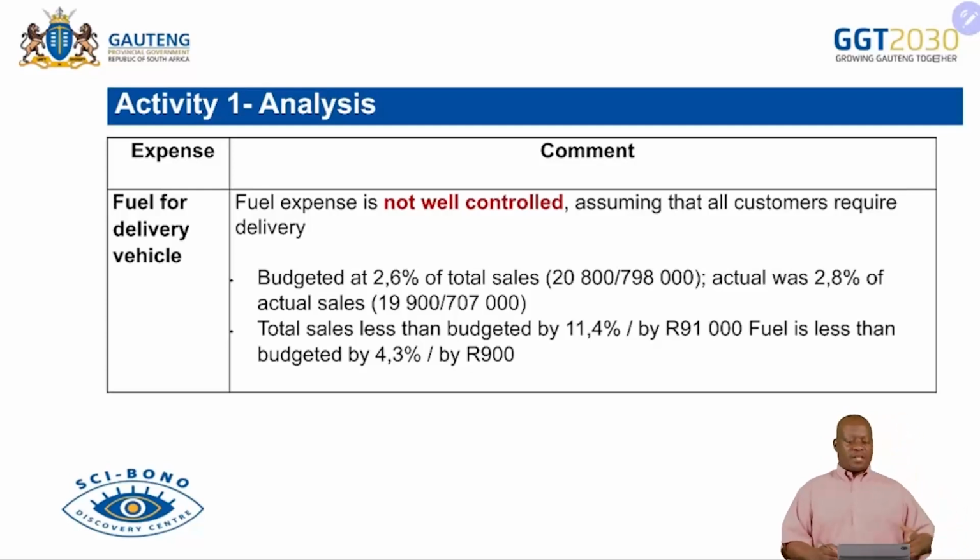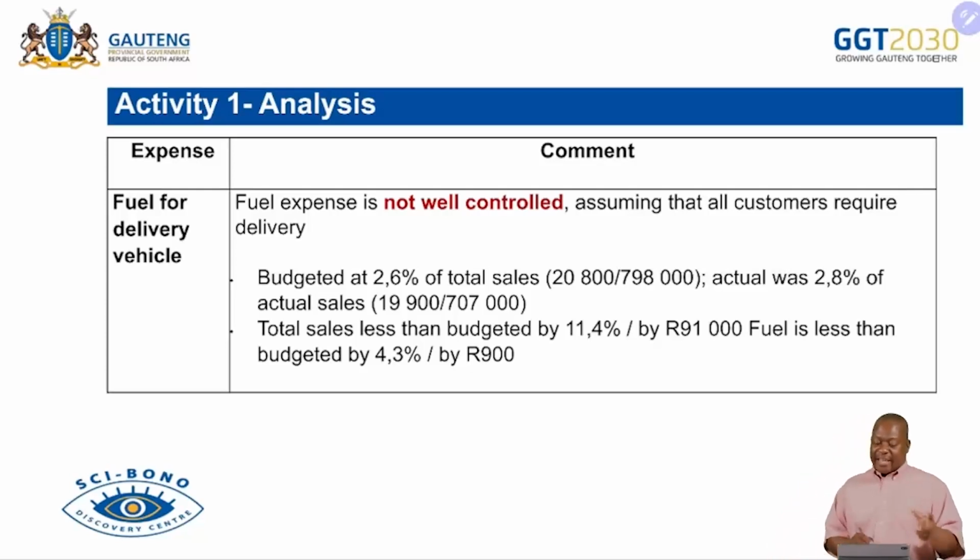Please take note. Fuel, you must tell us that it is not well controlled, guys. It is not well controlled. Now, assuming that all the customers that are coming are requesting delivery, we had budgeted 2.6% of the sales being for fuel.